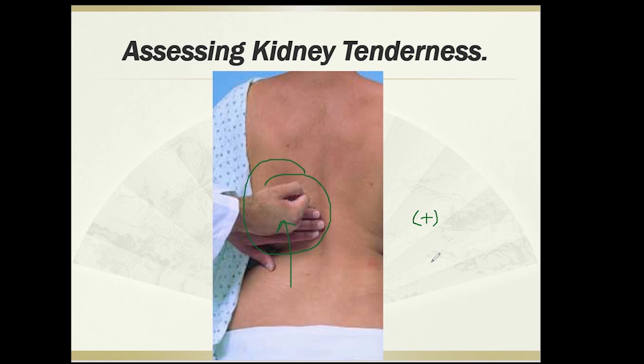If the pain comes from the muscles, when we percuss, the patient will not feel severe pain. If it comes from the kidney, the patient will feel pain. Sometimes we compare both sides. One side is painful, the other is not, which means just one kidney has an issue. So that's basically how we test the kidney.